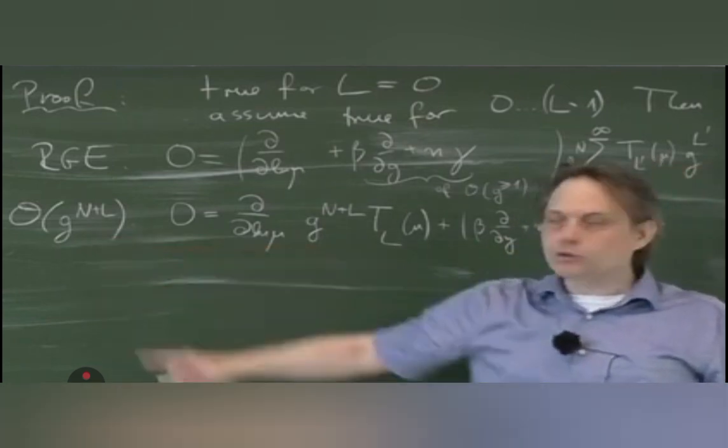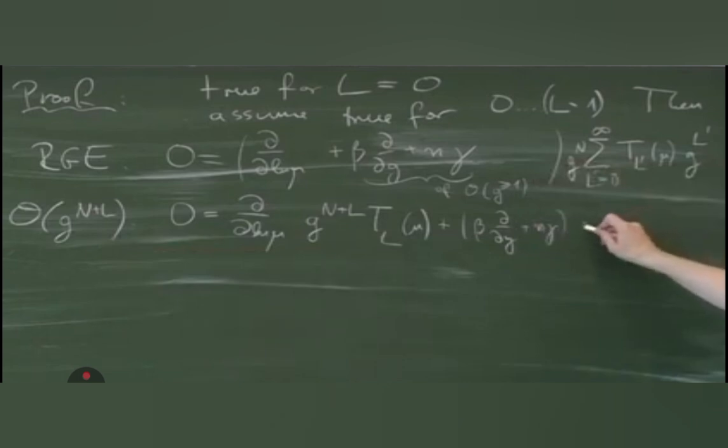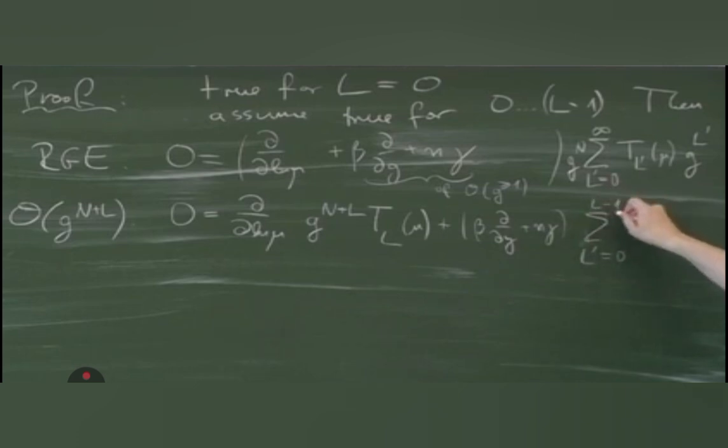What does it mean for our index L prime, so the sum over L prime? Several values of L prime contribute. So 0 contributes, 1 might contribute, and so on. But only the terms between 0 and L minus 1. This power is always less than the power we want.